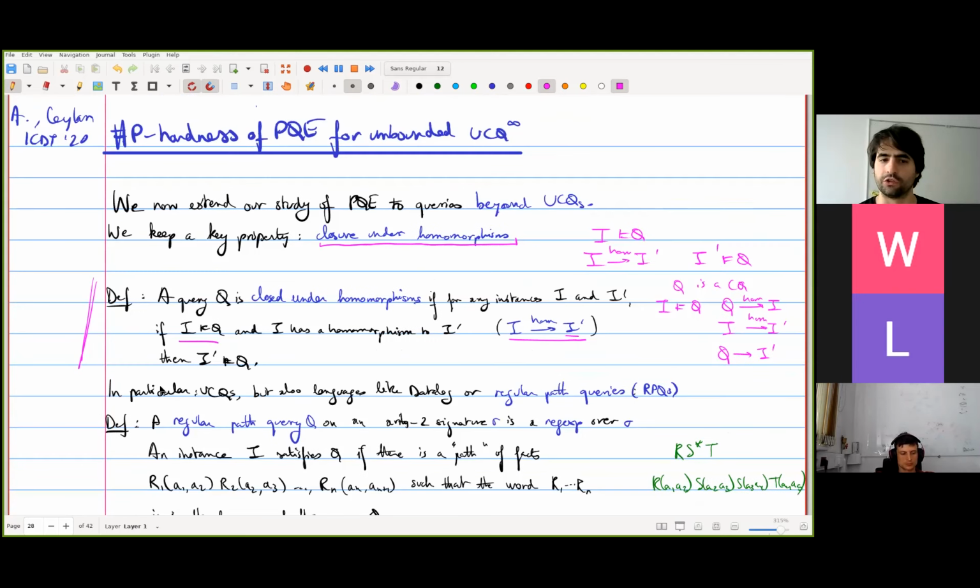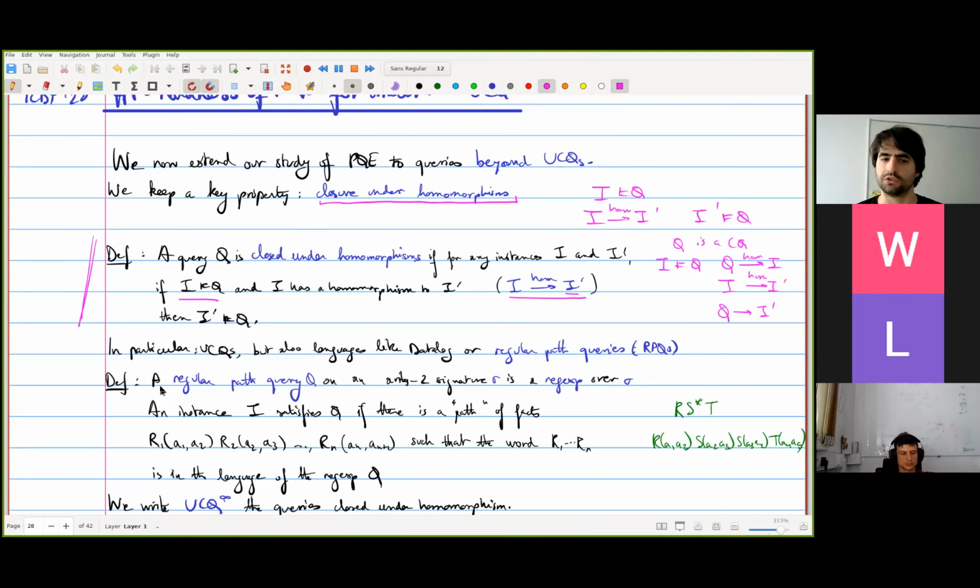Another kind of query that has this property is what's called the regular path query. A regular path query is of the form of a regular expression like this, and it's just saying I have a path in my instance that forms a word in the language of that regular expression. This is not a union of conjunctive queries because there are infinitely many different path lengths, but it is closed under homomorphisms, right?